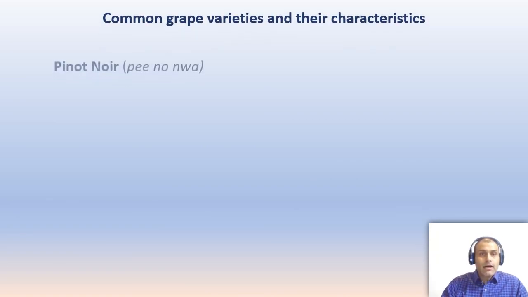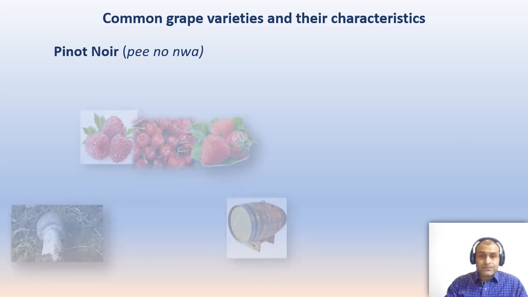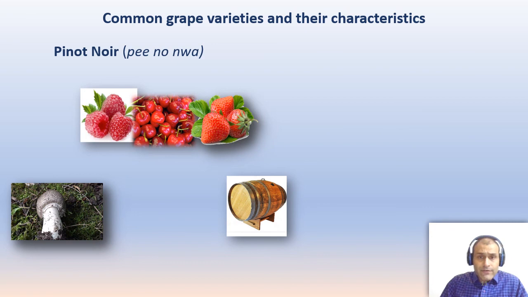Moving on. Now, keeping the best for last: Pinot Noir, again a very, very famous black grape, makes some of the most elegant wines in the world. Red fruits predominantly: red cherries, strawberries, raspberries. You get a burst of red fruits with this one.